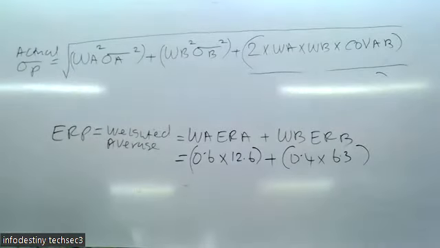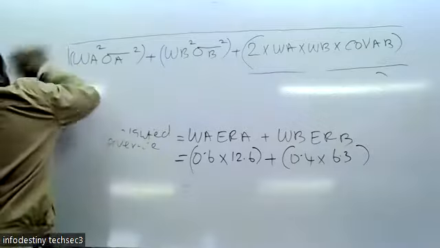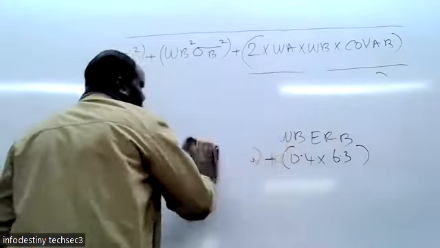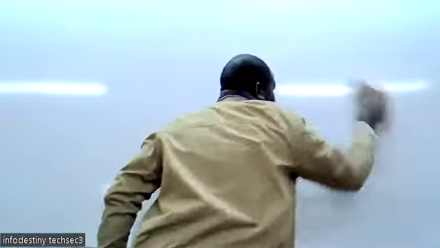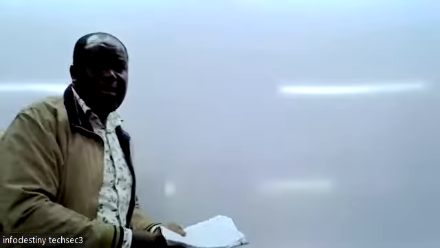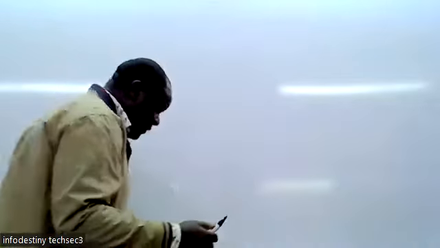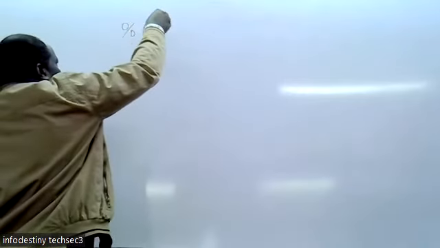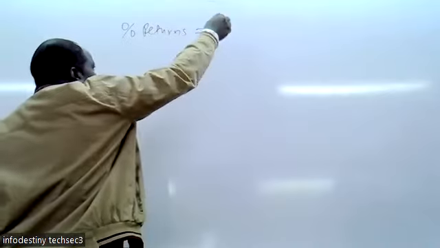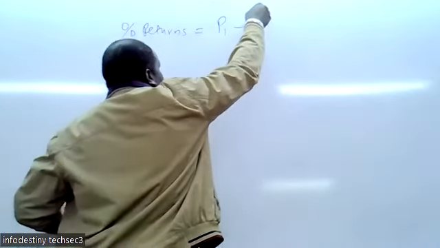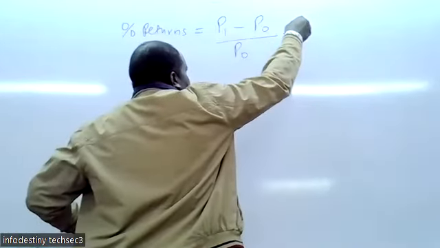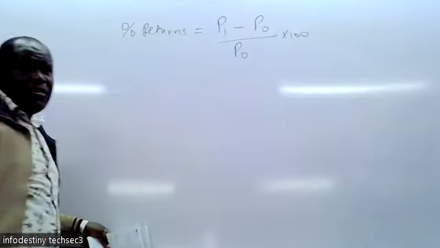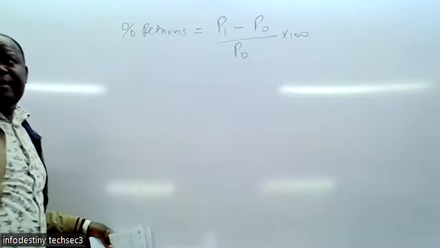To compute the percentage returns, we said it is P1 minus P0, you also divide by P0 and you show it as a percentage.